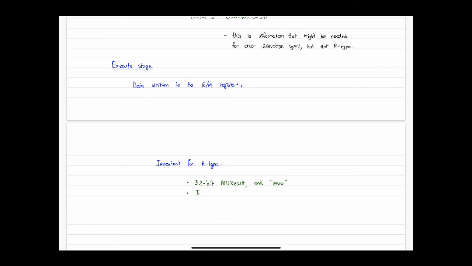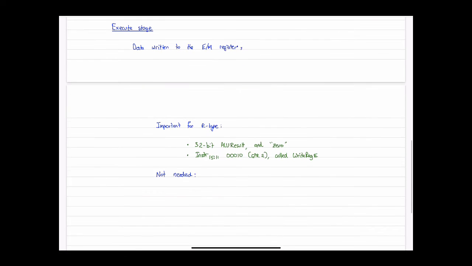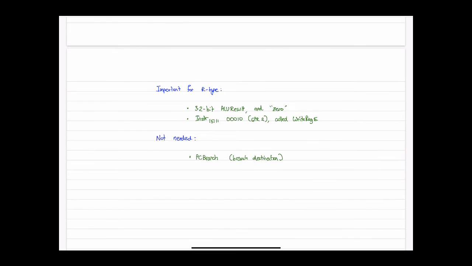And also the zero output of the ALU, which again we're not using for this instruction, but it nevertheless gets passed along. And of course instruction bits 15 to 11, which once again gives our destination register. So two important pieces of information being passed along. And again, some stuff that's not needed. PC branch: well, we're not branching, so we're not using that, but it gets passed along anyway.